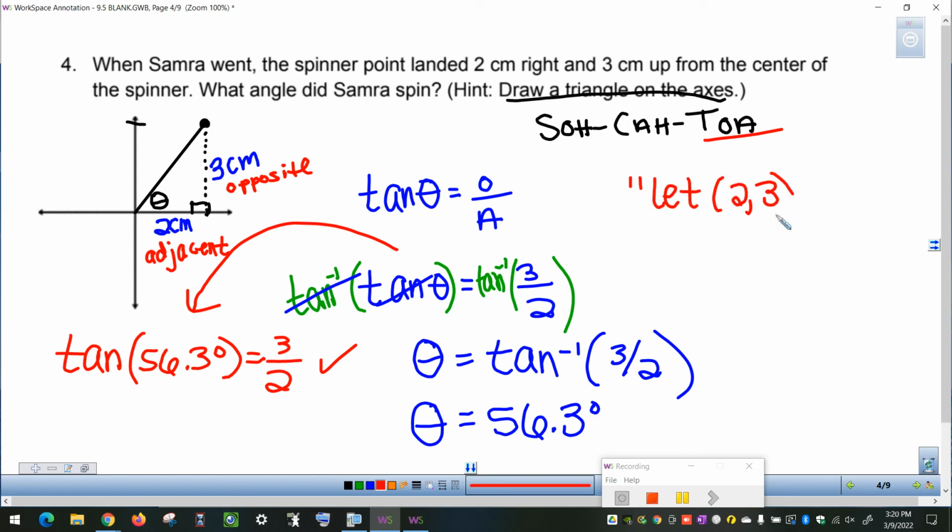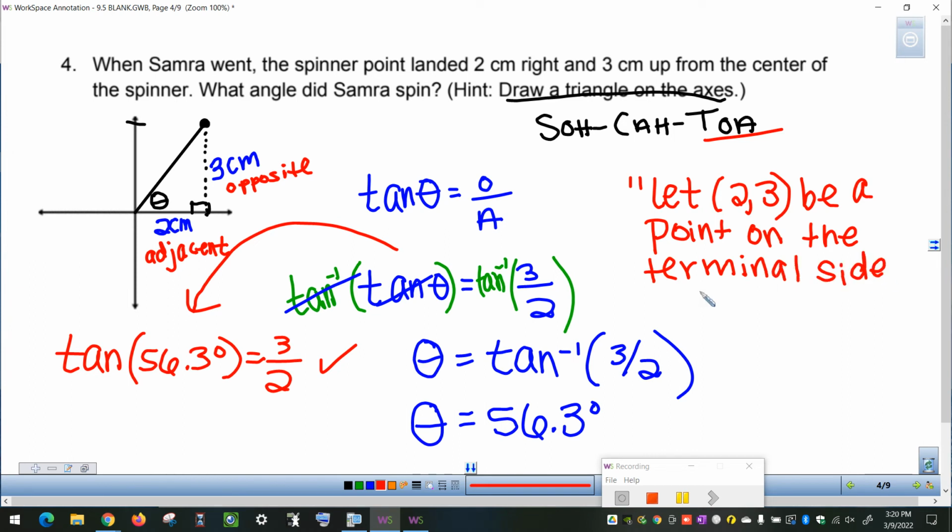Let the ordered pair, point 2, 3, be a point on the terminal side of an angle theta in standard position.